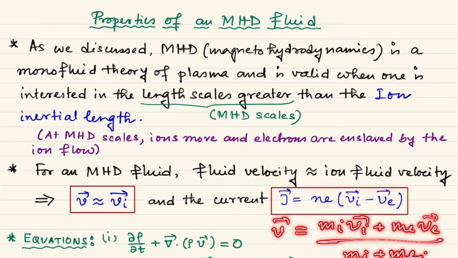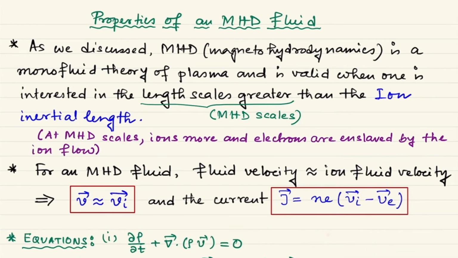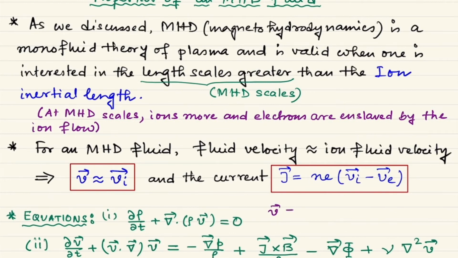Dividing everything by Mi, V is equal to (Vi plus (Me/Mi) Ve) divided by (1 plus Me/Mi). Since Me/Mi is negligibly small, and we consider that both Vi and Ve are of roughly the same order, we can neglect the second term with respect to Vi, and also neglect this factor in front of 1, and that's why we finally have V almost equal to Vi.